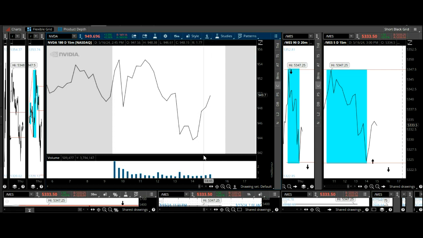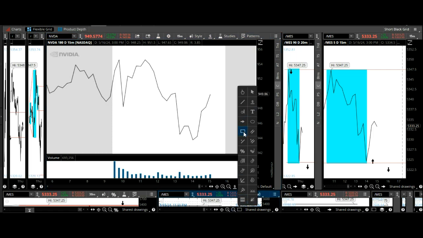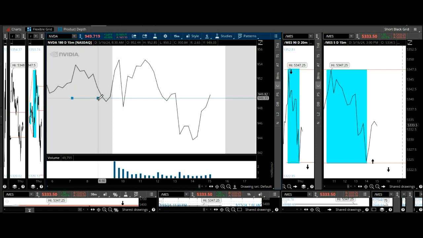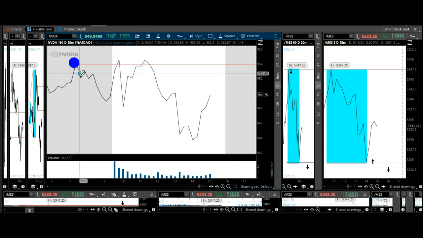Okay, now we have a better picture. Right here, we have a growth fractal. Okay, fractal number one.